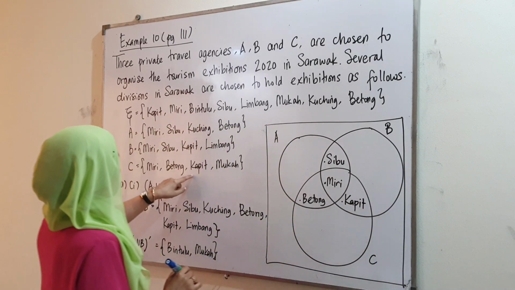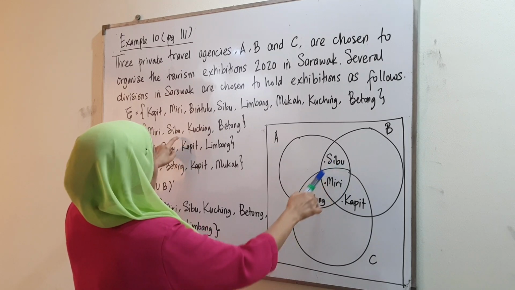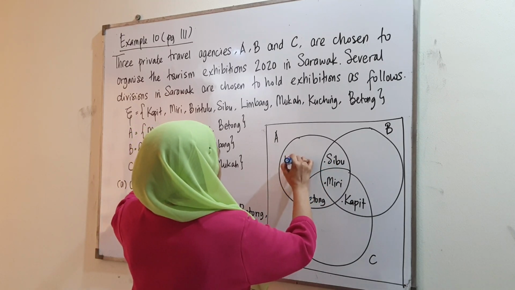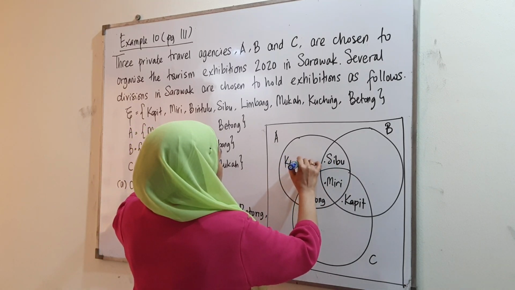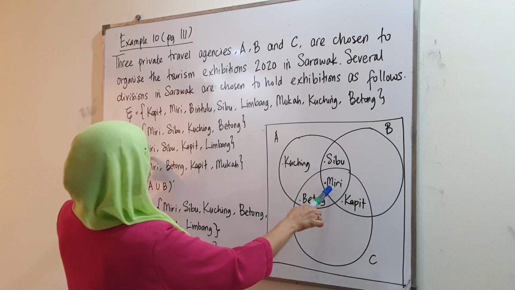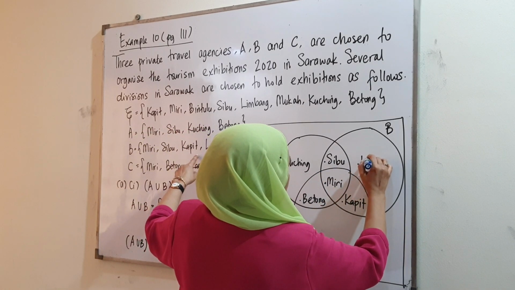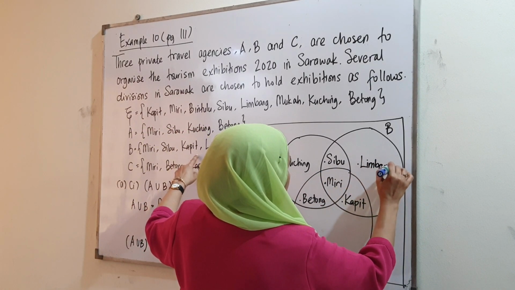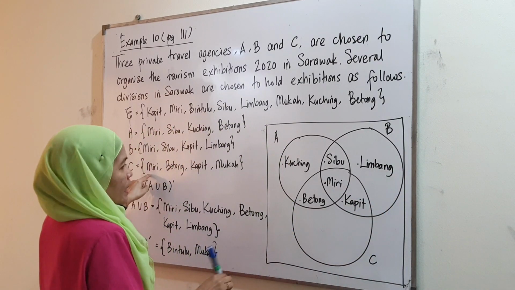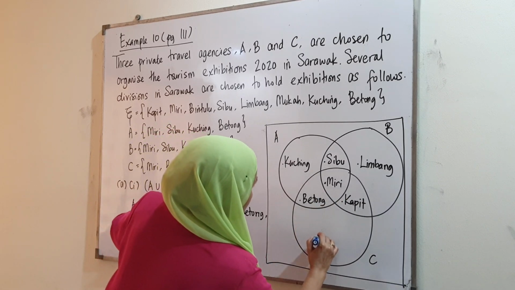Look at A. Miri has, Sibu has, Betong has, so Kuching here. Look at B. Miri has, Sibu has, Kapit has, so Limbang. C: Miri, Betong, Kapit, Muka.